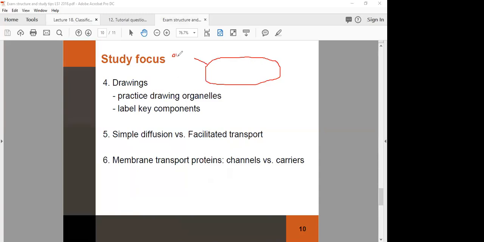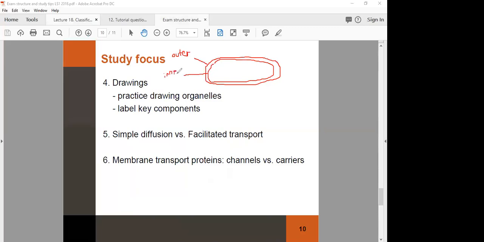So this would be the outer membrane. Outer membrane. I won't write the whole word. And then you would draw the inner membrane and label that. Inner membrane.